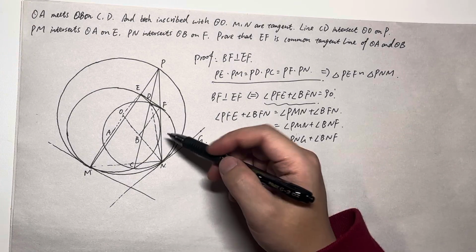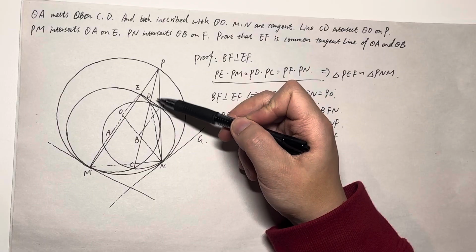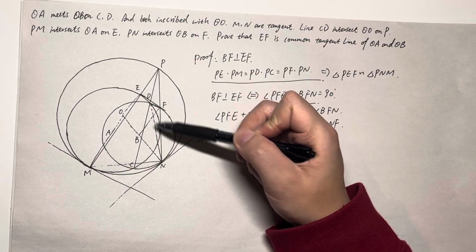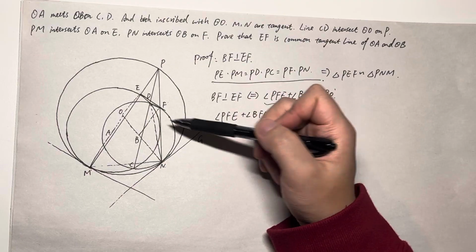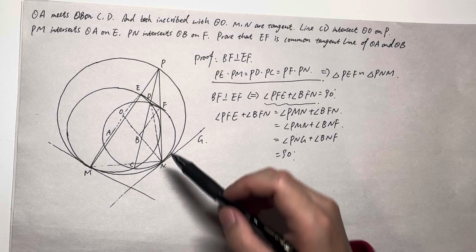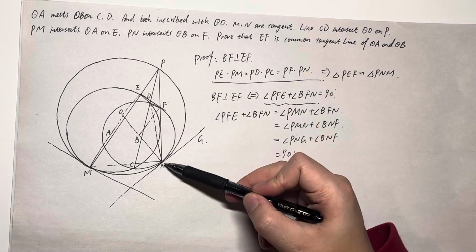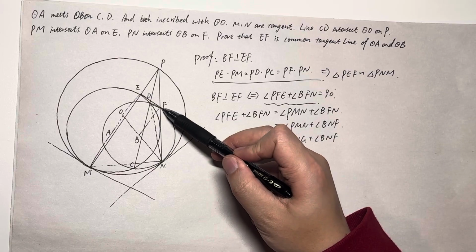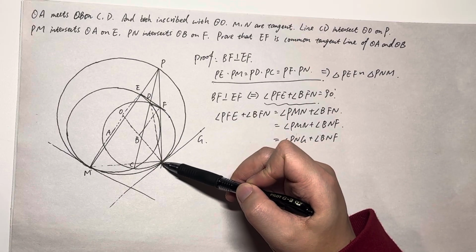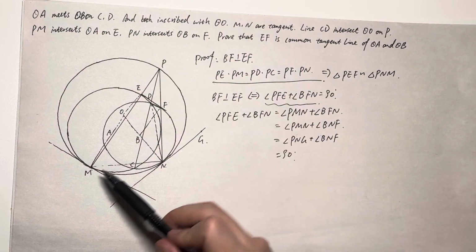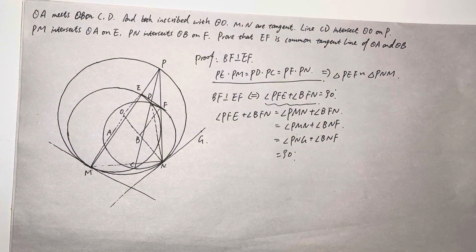To do that, we need to think about what we can get from angle DNF. So angle PNG equals angle FDN equals angle PMN.